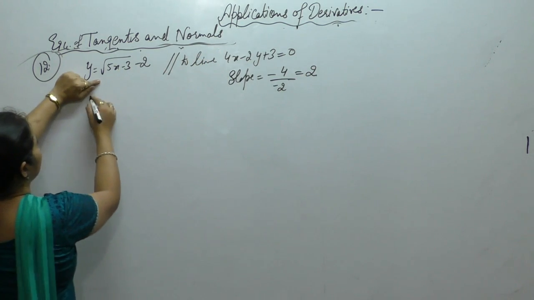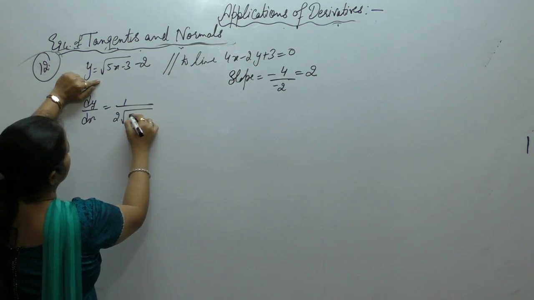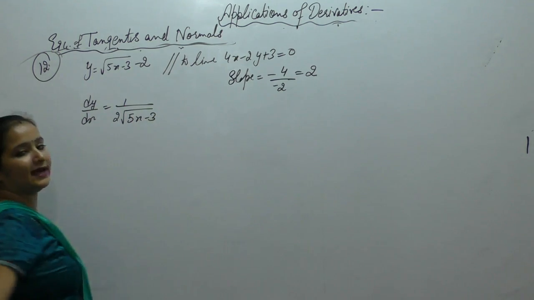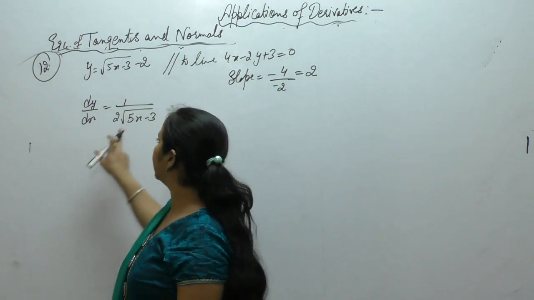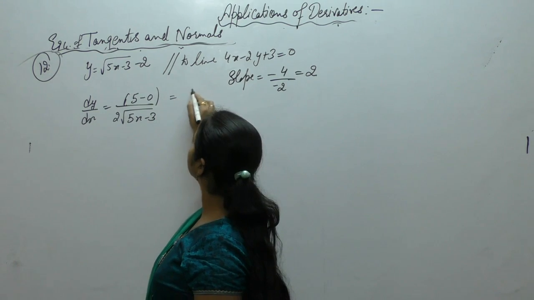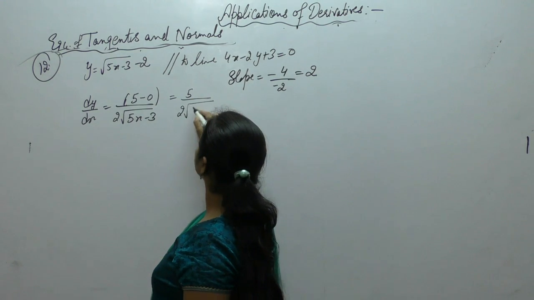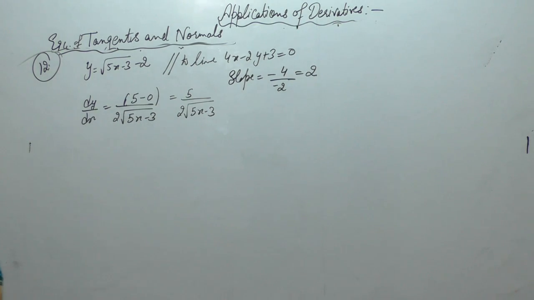Now dy/dx = 1/(2√(5x − 3)) times derivative. Derivative of square root of x is 1 upon 2 square root of x. Derivative of 5x is 5 and 3 is 0. So 5/(2√(5x − 3)).